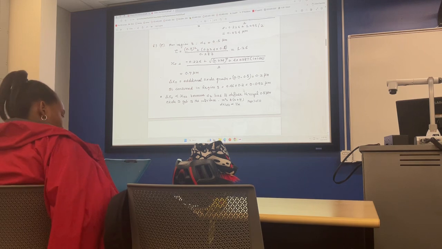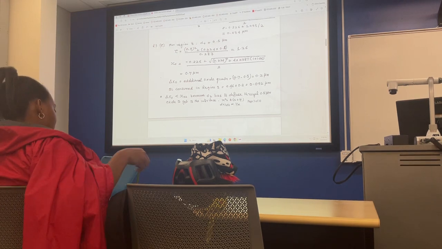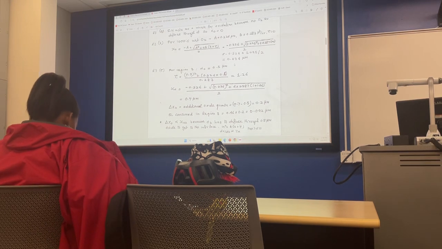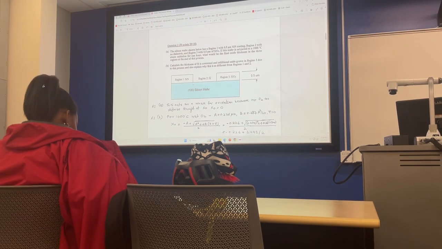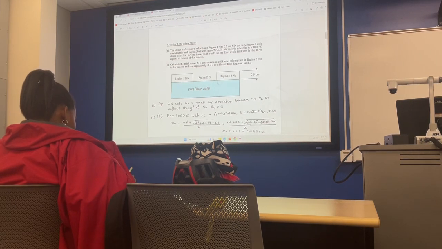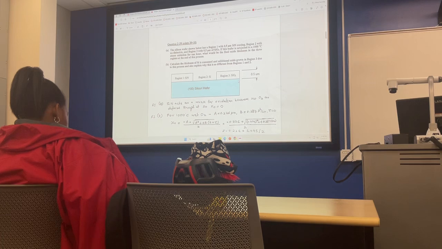So then the point was, how come it only grew 0.2 micron here, and in the other case it grew 0.4? Here you calculated 0.4 oxide, and here it only grew 0.2, for the same time and temperature.